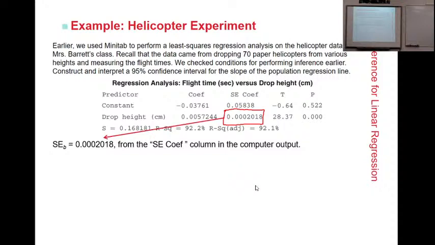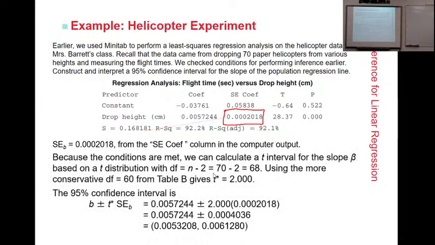So we get our inverse t for that confidence interval, which would be inverse t of 0.975, with 68 as our degrees of freedom, n minus 2. And then the confidence interval is our point estimate for the slope, which is up here, plus or minus our t-score times the standard error, which the table tells us is 0.002018.